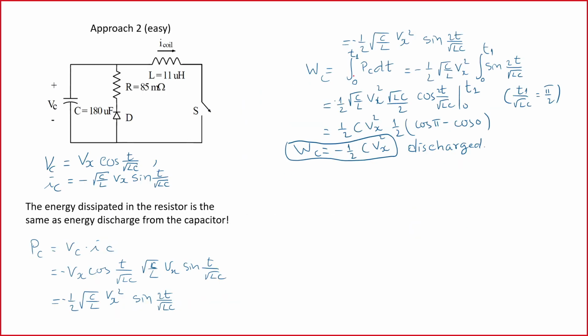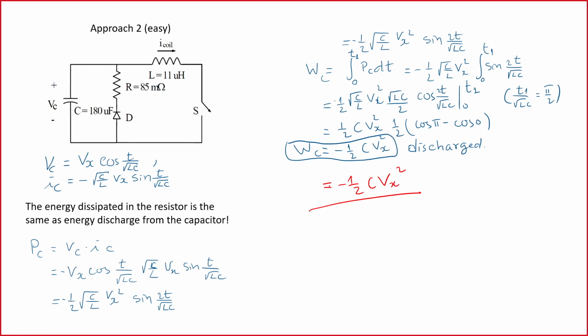Here is the integral of the second approach actually, but finally you just get the formulation: the energy is just 1/2 C times V_H squared, and this is just the energy that you pre-store in the capacitor, right?